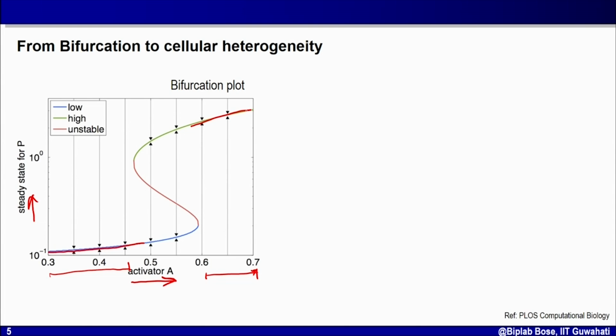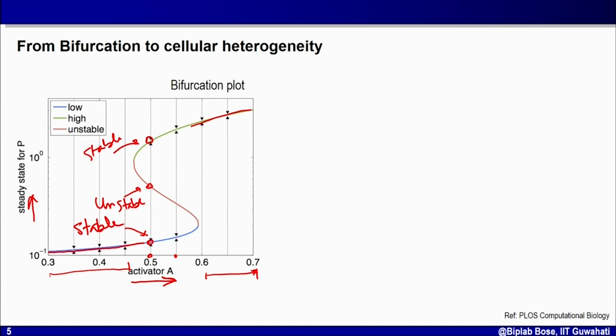The steady state is stable and its value is higher. In between, suppose when I take 0.5, we checked, I have three steady states, 1, 2, 3. This one is unstable. This one is stable. And this one is also stable.